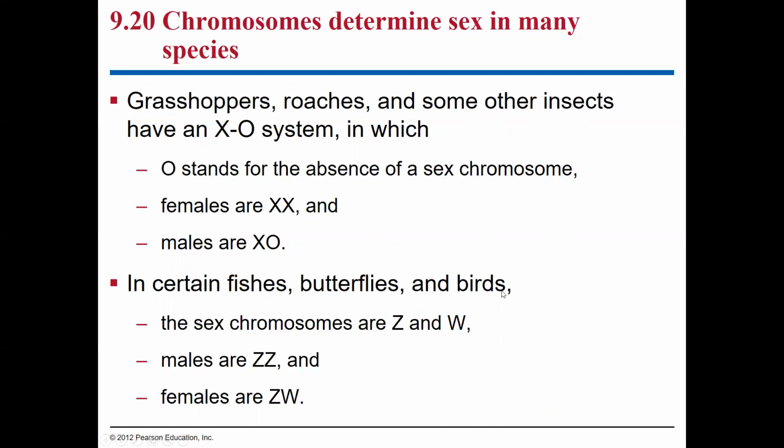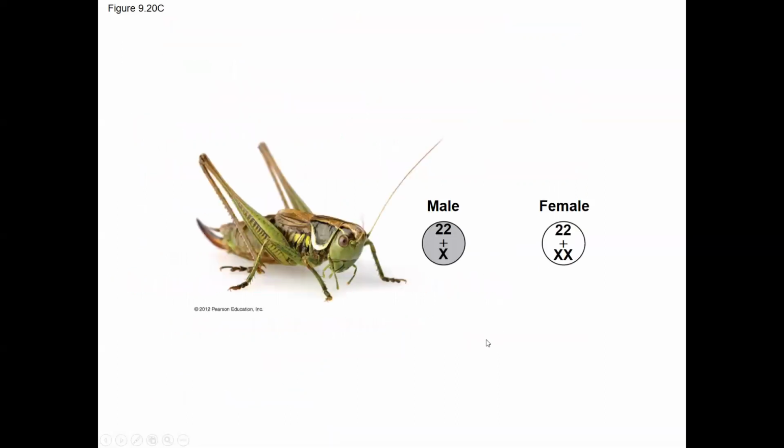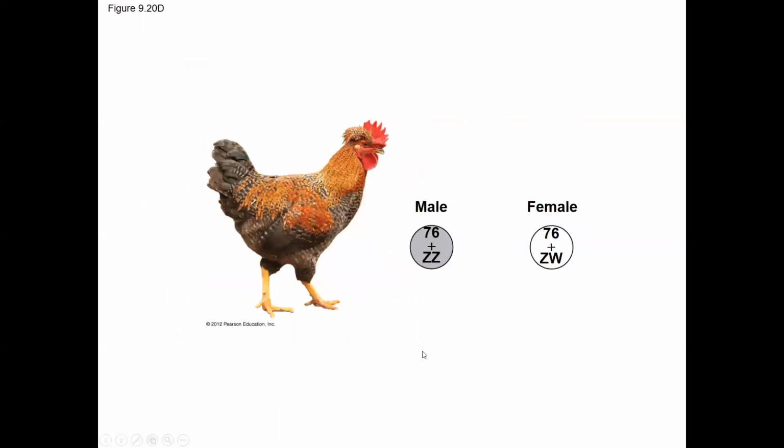In certain fishes, butterflies, and birds, they have the ZW system, where two Z's are males and a ZW is a female. And this is just showing you the differences between male and female in grasshoppers. And then for a chicken, males would have the two Z's, where females would have the ZW.